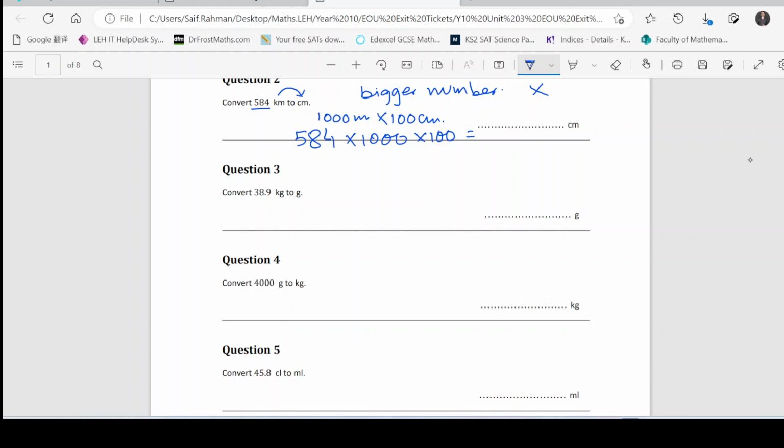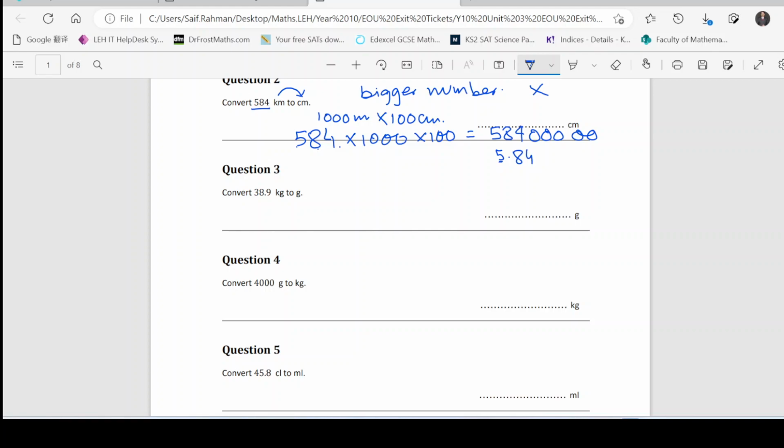But if you want to write this centimeter in standard form, this is in non-standard form. So what you have to do is put 5.84, because your number should be between 1 and 10, and the rest you have to add as zeros.